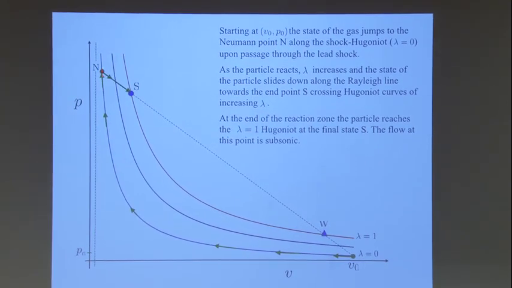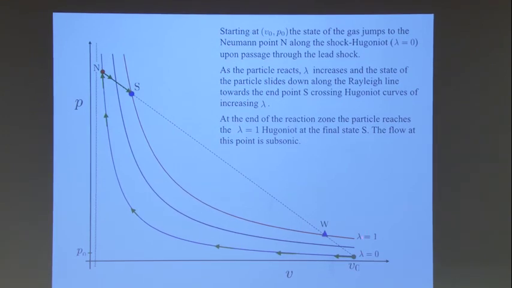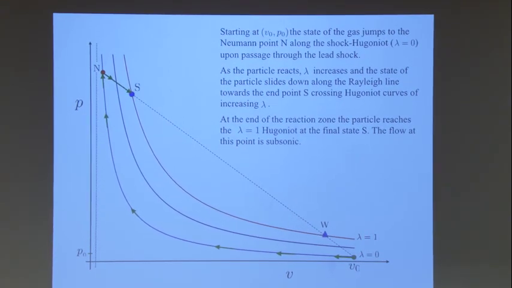This point is often called the Neumann point. And then you are going to slide through different Hugoniots where lambda starts increasing from 0 to 1. In other words, the mixture becomes more and more consumed, right? So it gets consumed until the final state that you can reach, okay?